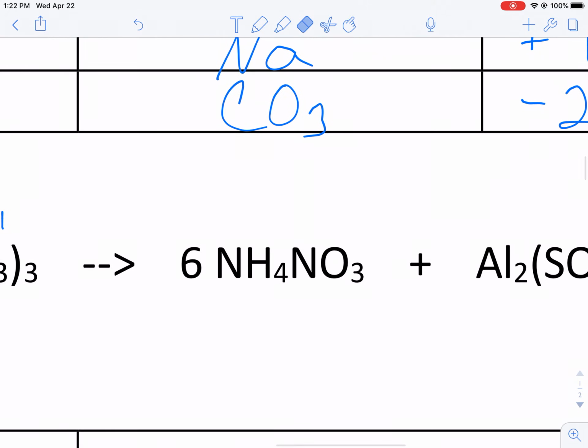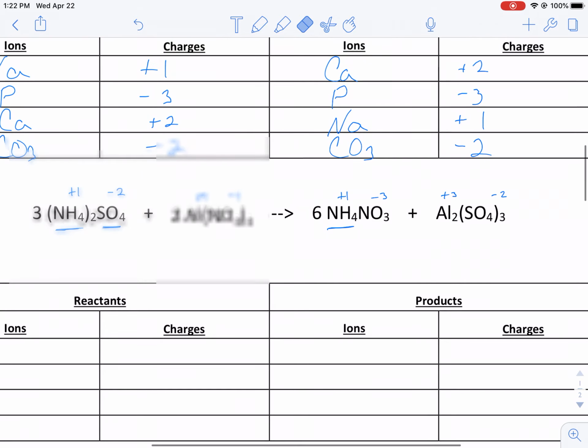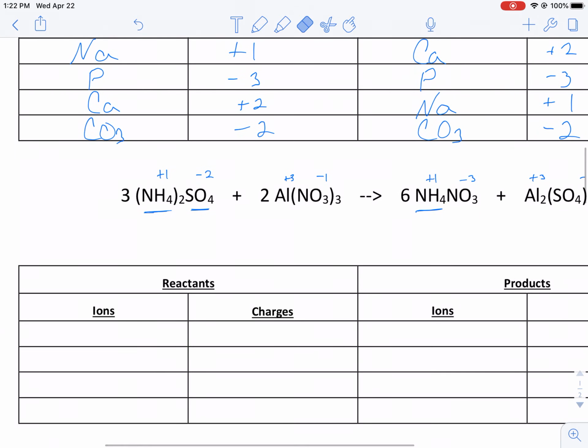Now again, I already know NH4, ammonium, is +1. NO3 then has to be a -1. We already said aluminum is a +3, and you can use the reverse swap and drop to get a +3 and a -2. Okay, now I'm going to go ahead and write out my ions and their charges.